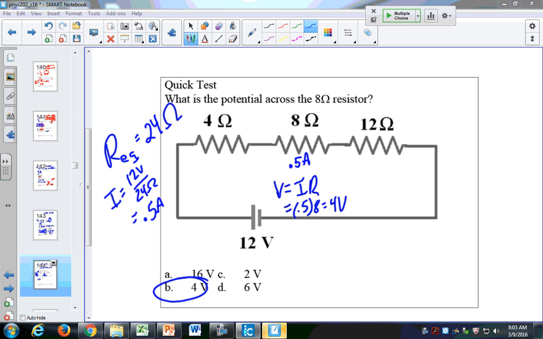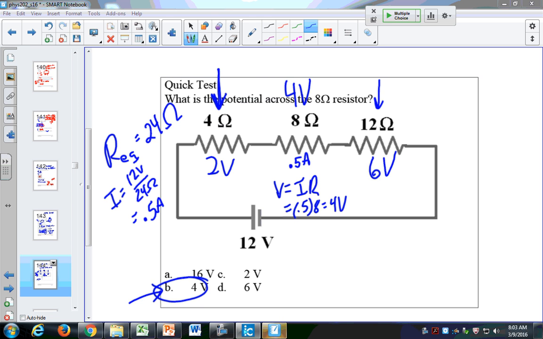Notice, too, that I can pretty quickly figure out the voltage across the 4 ohm resistor. Given that I have 4 volts here, what is the voltage across the 4 ohm resistor, which has half the resistance? It has to be 2. And then across this resistor, which is 1.5 times the 8 ohm resistor, it has to be 6 volts.